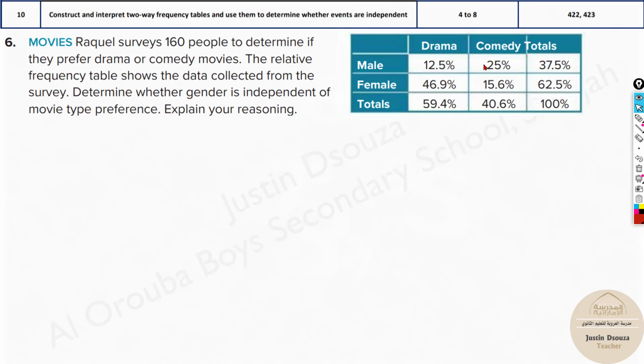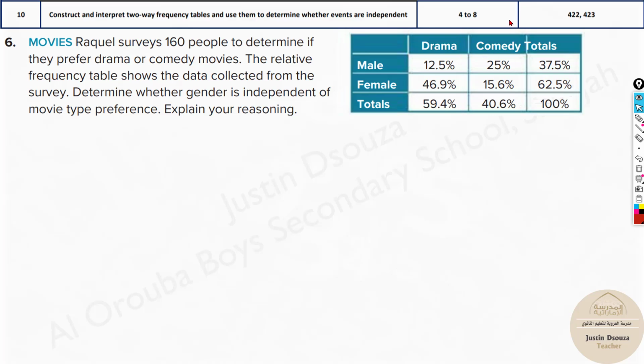You can find whether data is independent or not independent by finding the joint frequencies. That's the inner part. Now, if you multiply the marginals over here, the totals, and get this value, that is the expected joint frequency, then that would mean it is basically independent. But if they don't match, if you find the expected and actual are different, then it's not independent.